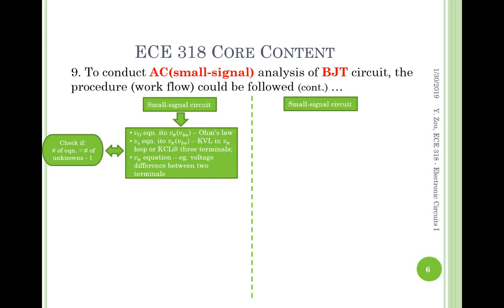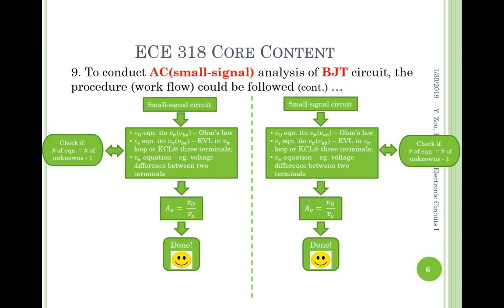However, since we are talking about voltage gain, we don't need to worry about the input or output voltage. We're just looking for the gain, which is the ratio between two unknowns, so we can find it: the output voltage over the input voltage. This is pretty much the AC analysis of the NPN BJT circuit.